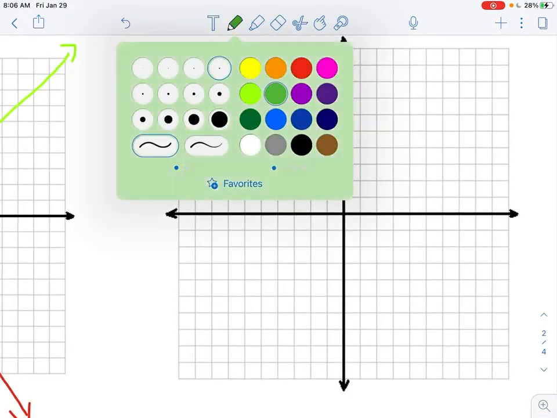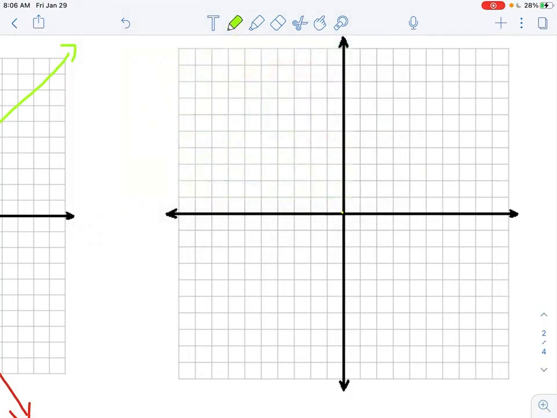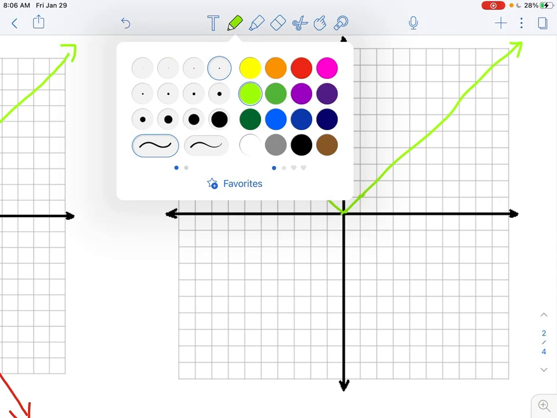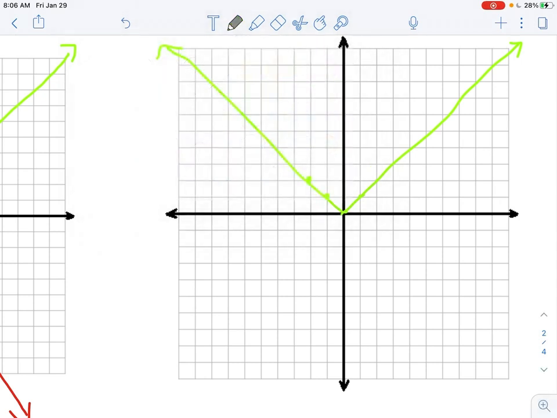I'm going to start by graphing my parent function, which is that. And I'm going to end with -8, comma, -10, -7, -5, -6, 0, -5, -5, and finally -4, -10.